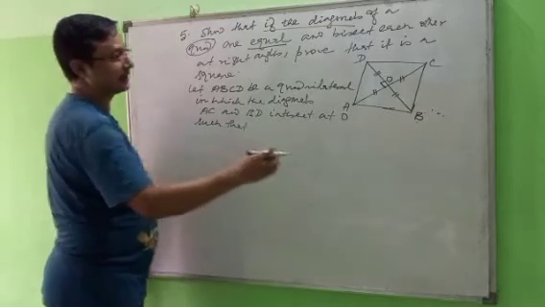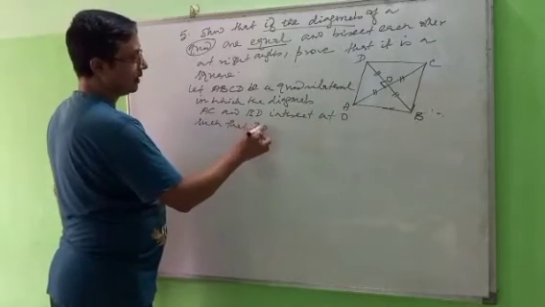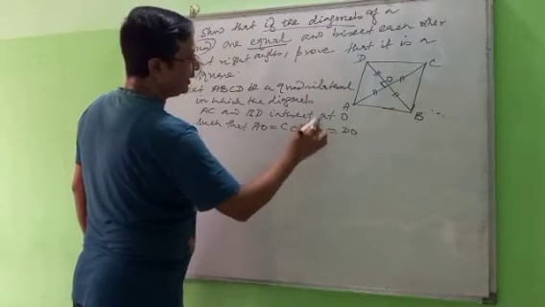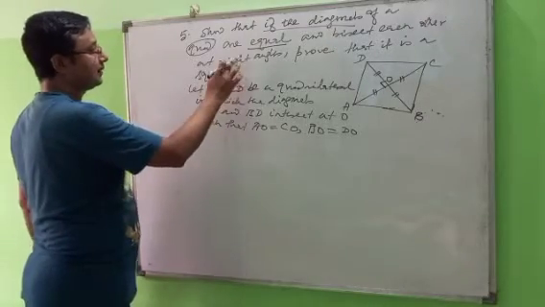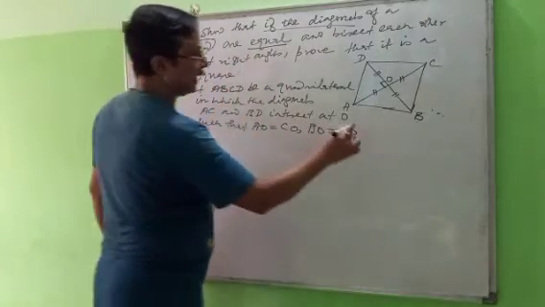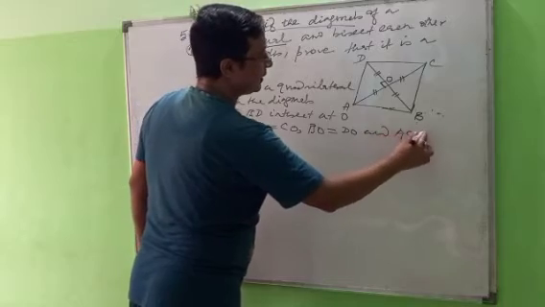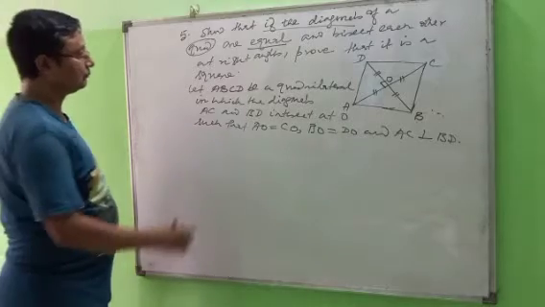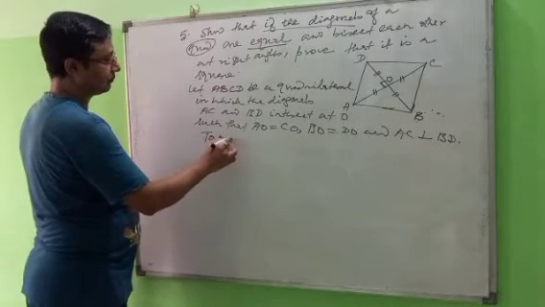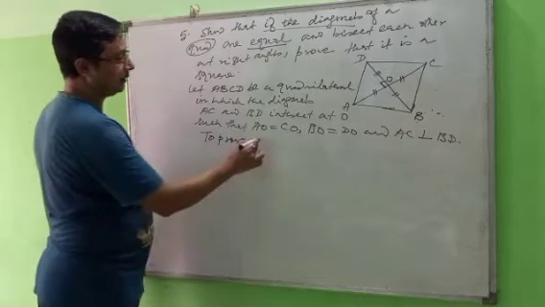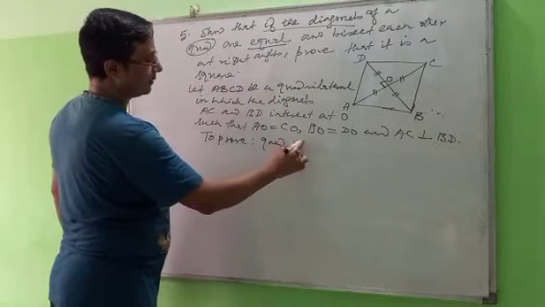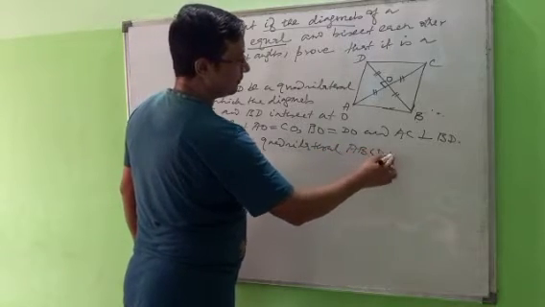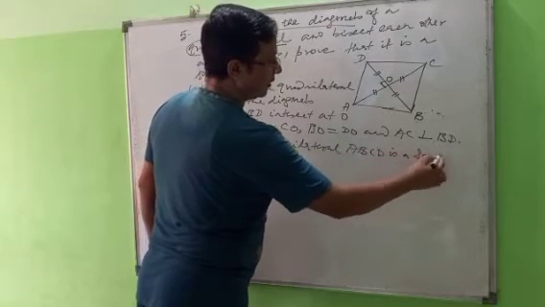The diagonals bisect such that AO equals CO, BO equals DO, and the diagonals bisect at right angles, so AC is perpendicular to BD. So now to prove that the quadrilateral ABCD is a square.